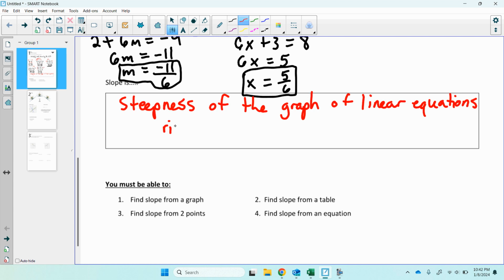We're referring to rise over run, or the change in y over the change in x. So all considered definitions of slope.